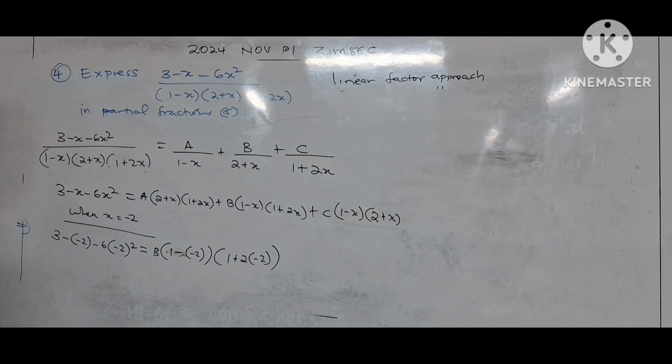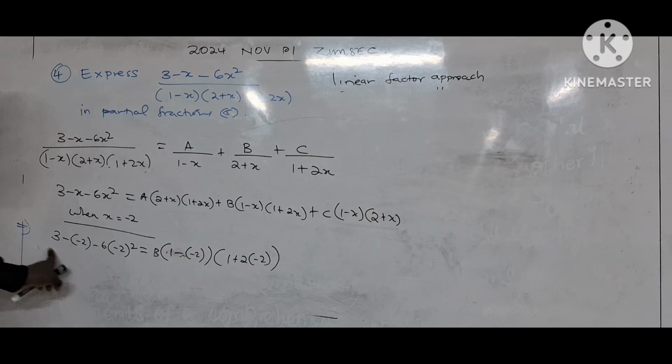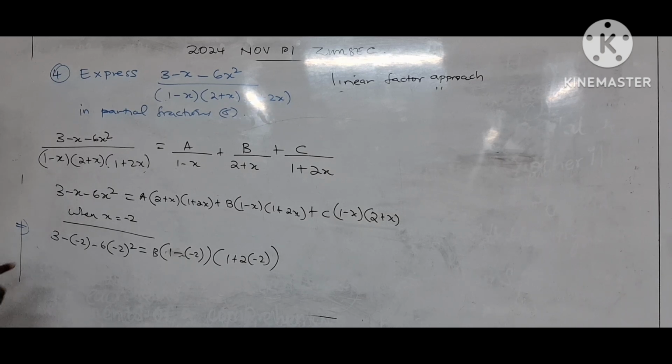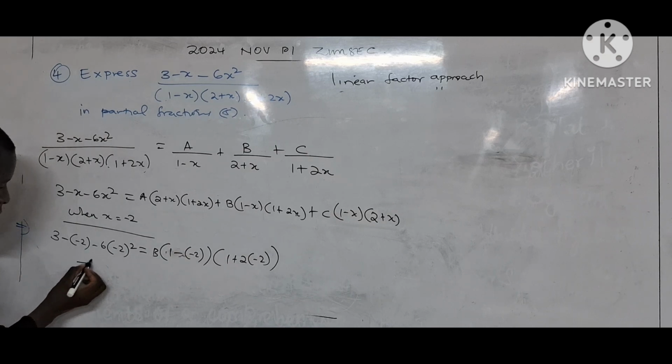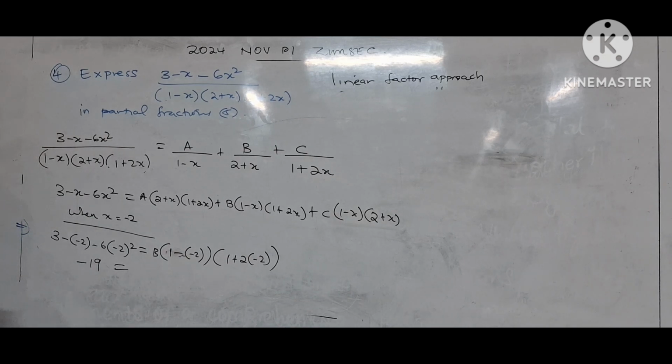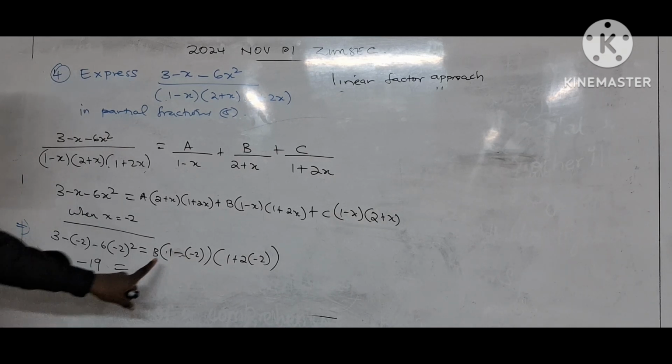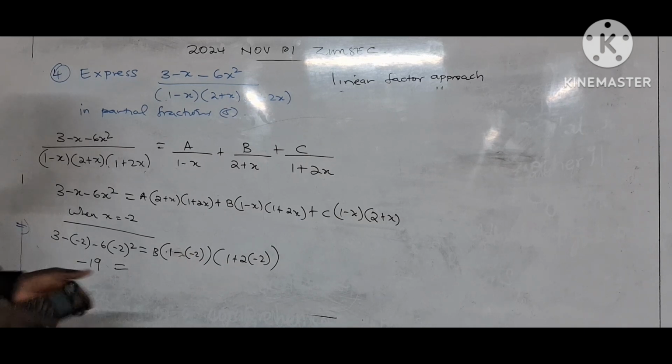I'm going to use my calculator to find the answer for this side. So this is 3 plus 2 minus 6 into 4, so this is negative 19, is equal to B into (1 minus 2)(1 plus 2 into minus 2).